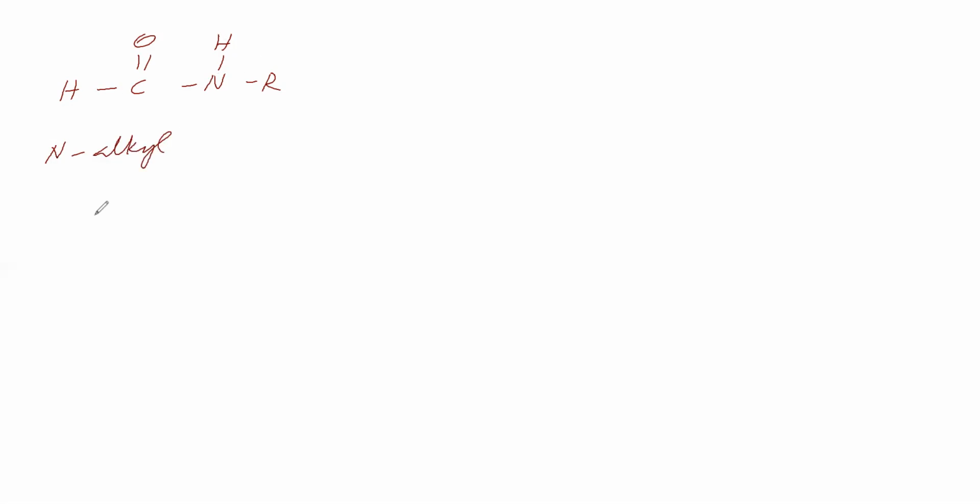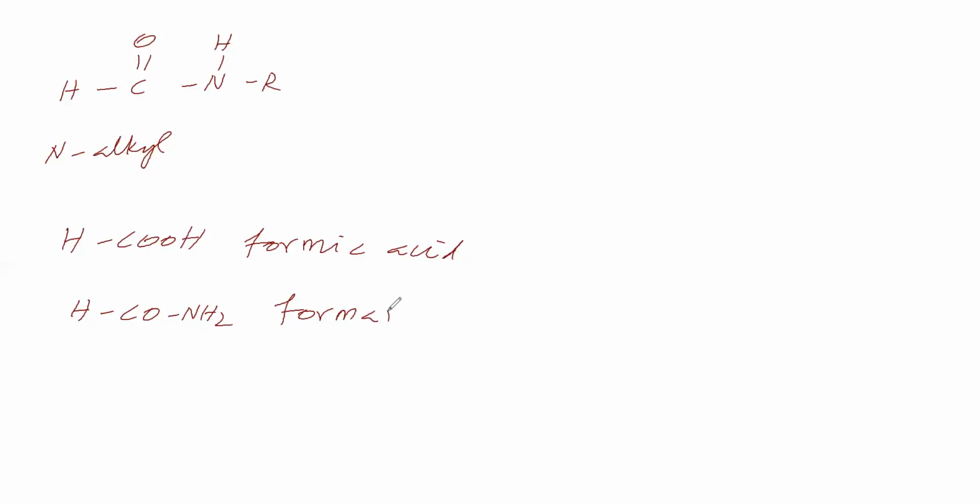This is formic acid. Now this one is called formamide. In this one H is replaced by R, therefore it is a derivative of formamide. So it is an N-alkyl formamide.